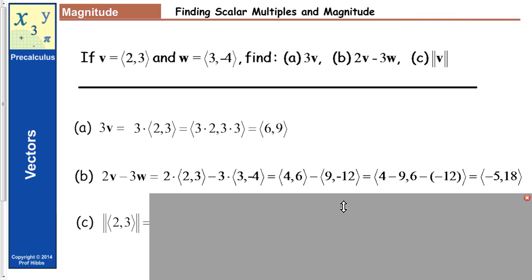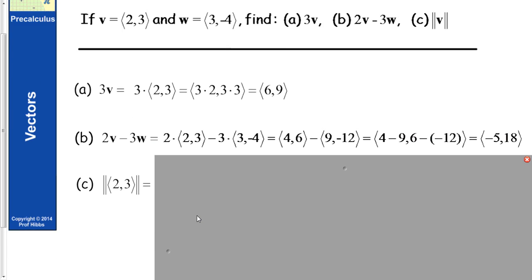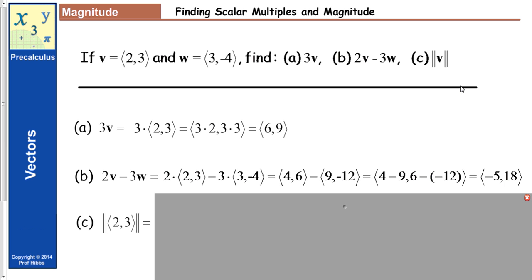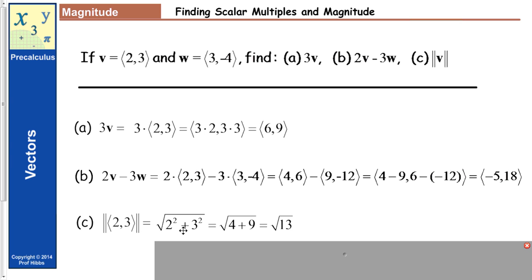In our last piece here, we're asked to find the magnitude of v. And v, in component form, is 2, 3. So the magnitude of v is the magnitude of the vector 2, 3. The magnitude formula says take the square root of the first component squared plus the second component squared.